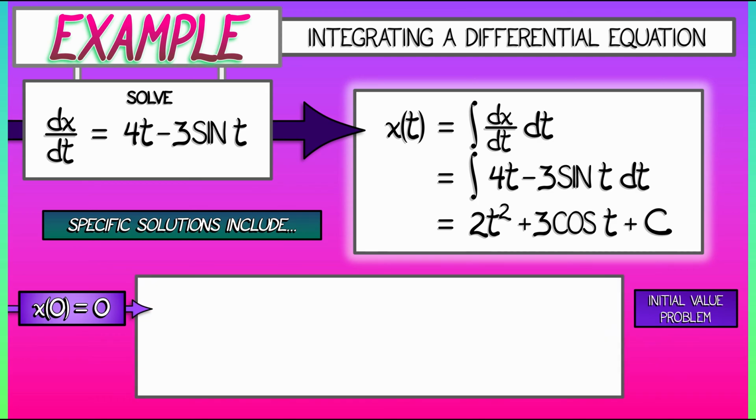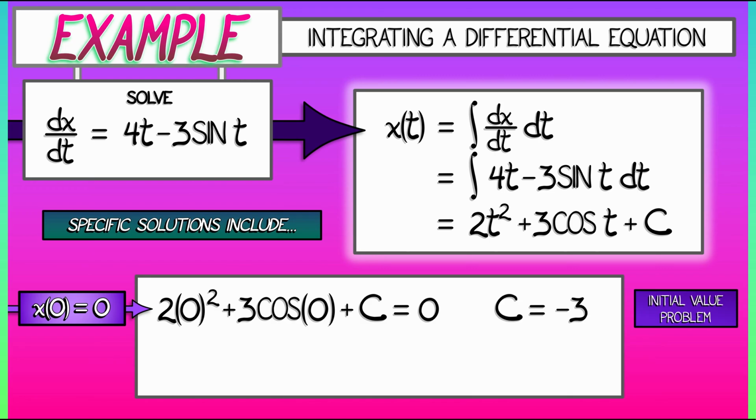You know that when t equals 0, our general solution, 2 times 0 squared plus 3 times cosine of 0 plus c, must equal 0. You can solve that for c. You will get c equals negative 3. And that will give you your specific solution, your specific x of t.